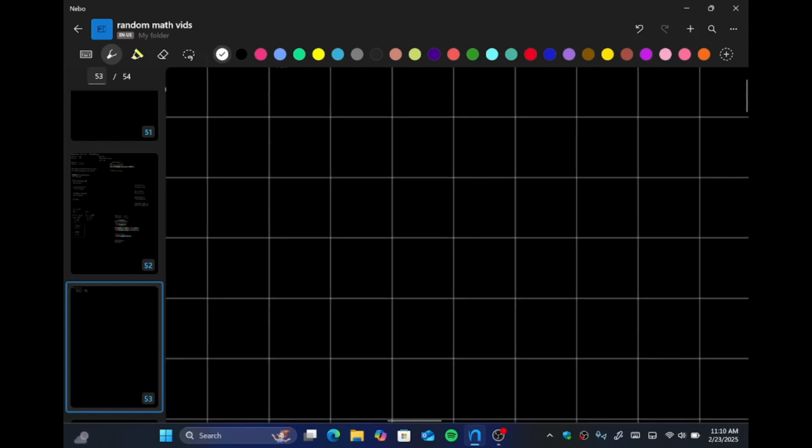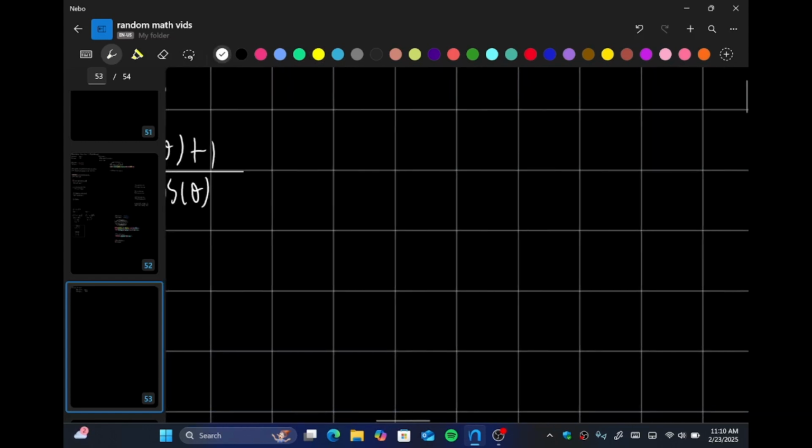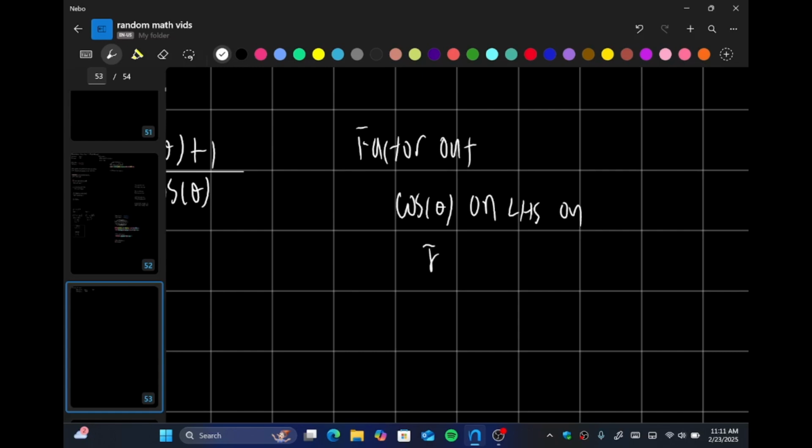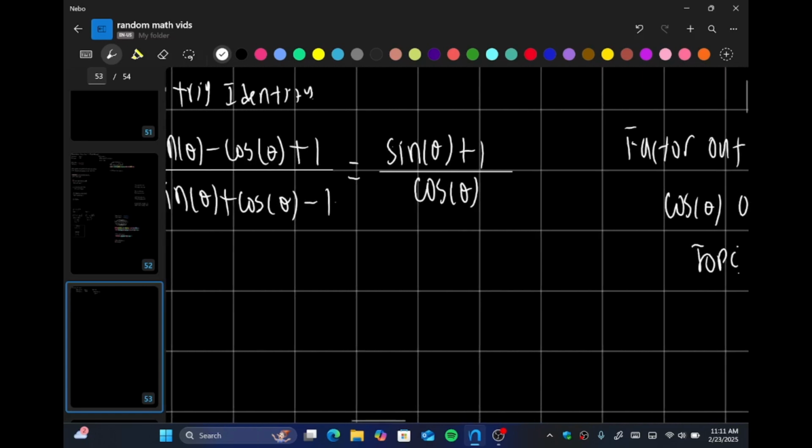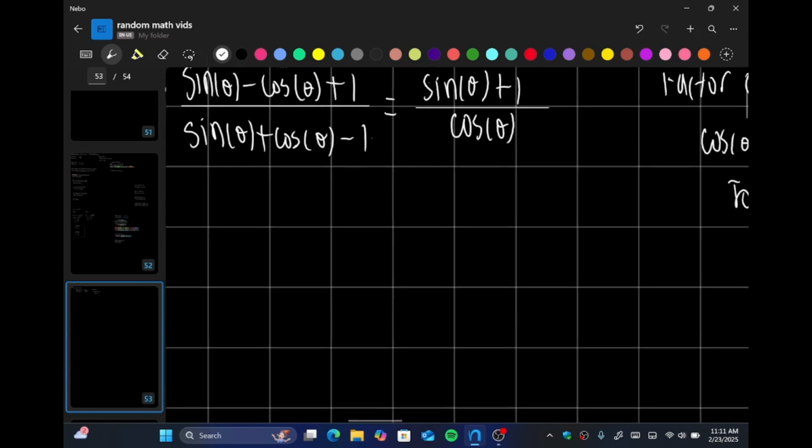So let me just factor out cosine theta on the left hand side on top and bottom. At least I think that's what we're gonna do here. So let's go ahead and do that.